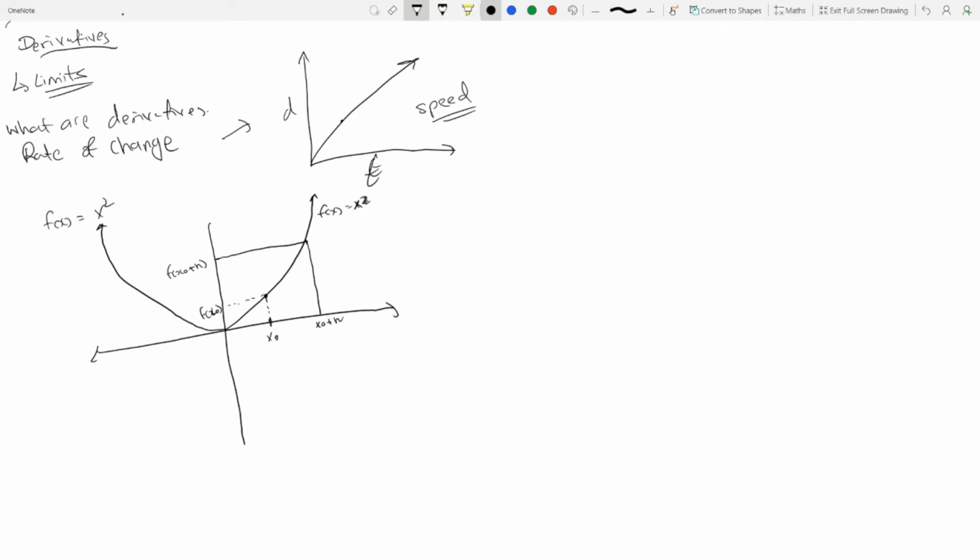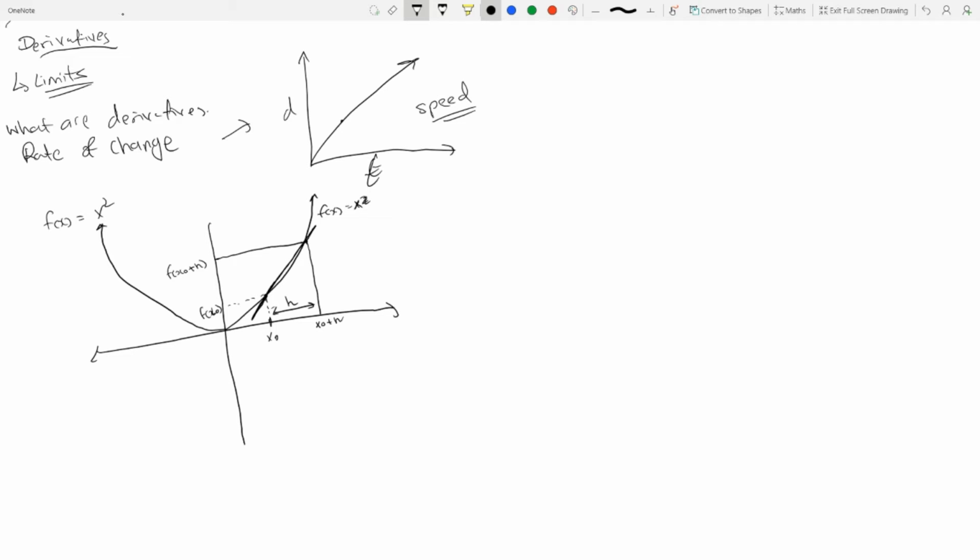So the distance you're traveling here is h. If we were to find the slope between this and this, this is the first line you think of, right? This is what people usually think about when it comes to average rate of change. From this point to this point will give you the average rate of change. But we want the instantaneous rate of change, which is just at this point.